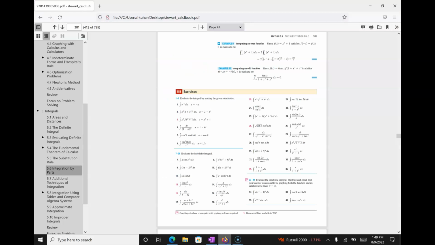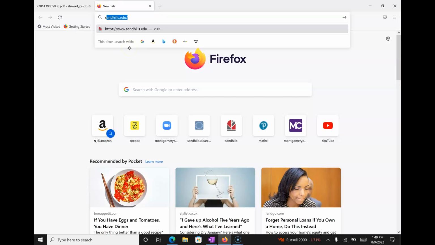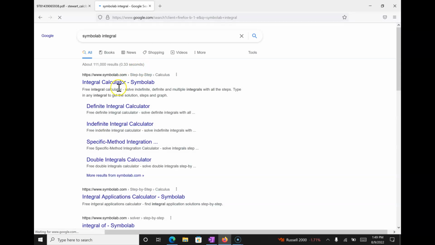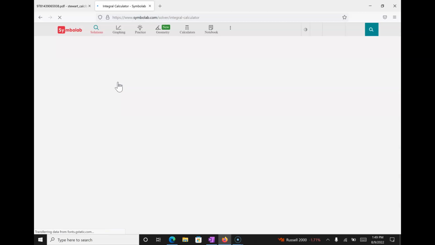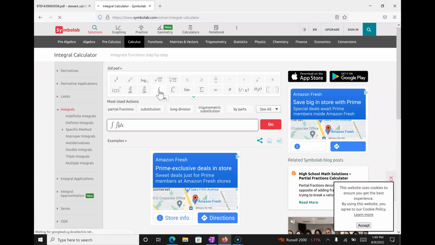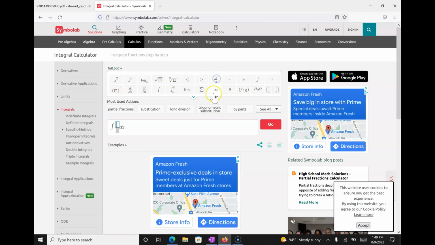I want to show you Symbolab. So this is for work at home, not on a test. Symbolab. So I'm doing antiderivative. Let's see, I need a fraction.